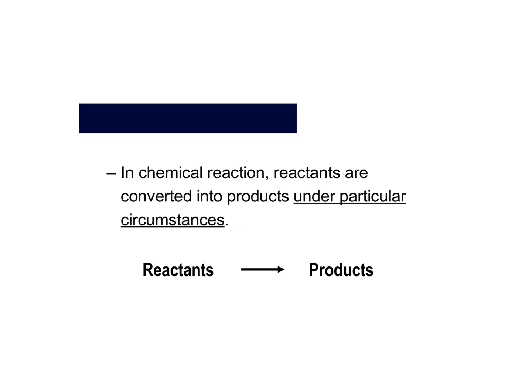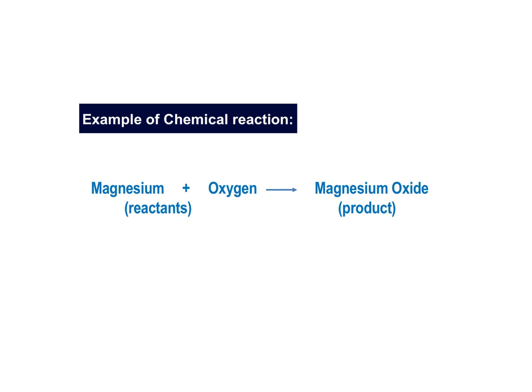Now, in chemical reactions, reactants are converted into products under, of course, particular circumstances. An example of this is the reaction between magnesium and oxygen. If you let it react, it will form a product which is magnesium oxide.